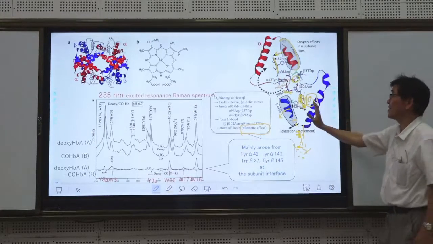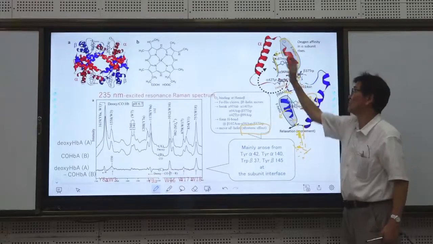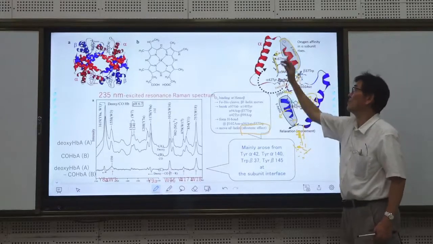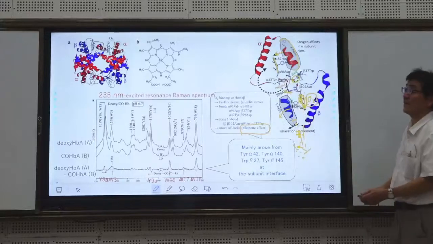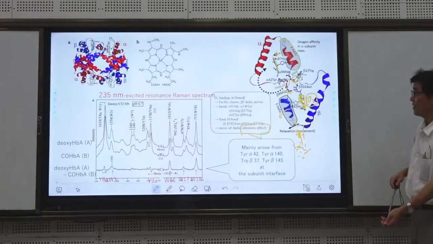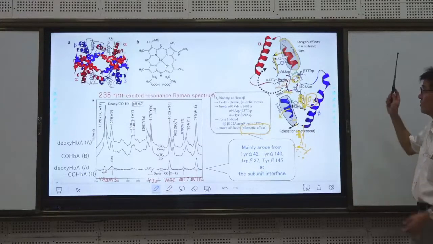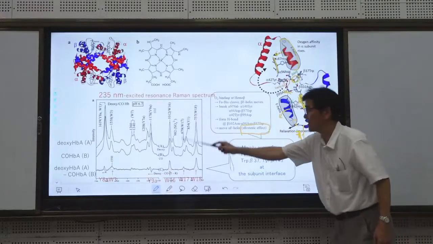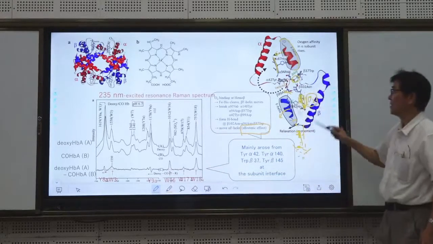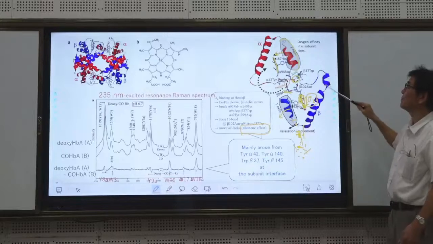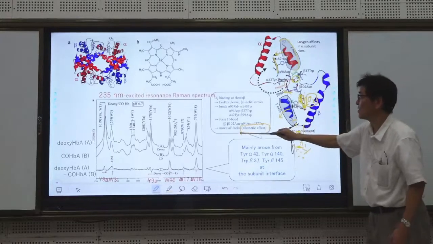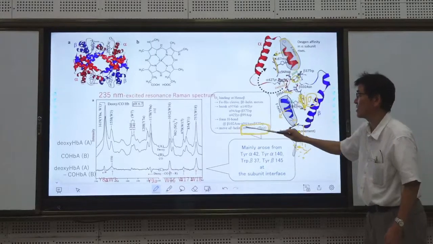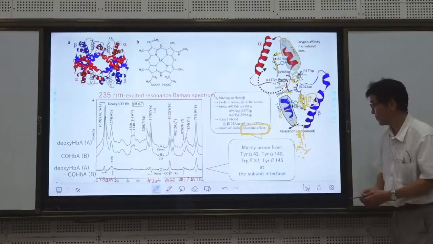Or a synergy effect between two distant ligation sites. So by analyzing this difference spectrum, they could explain the molecular mechanism of the allosteric effect.